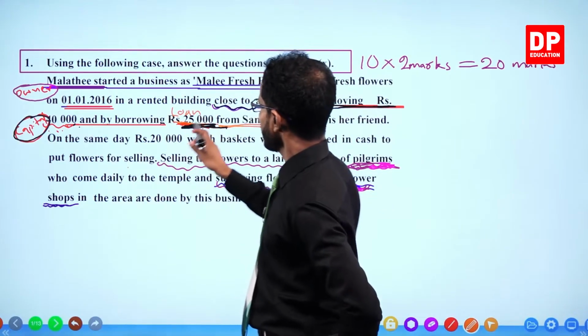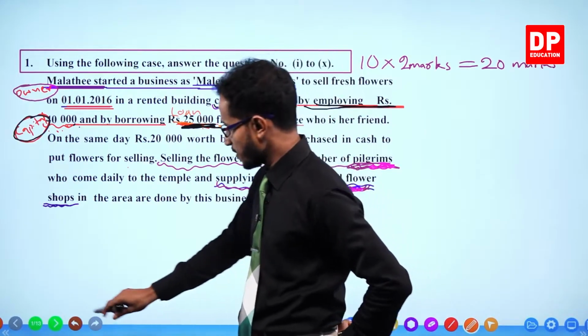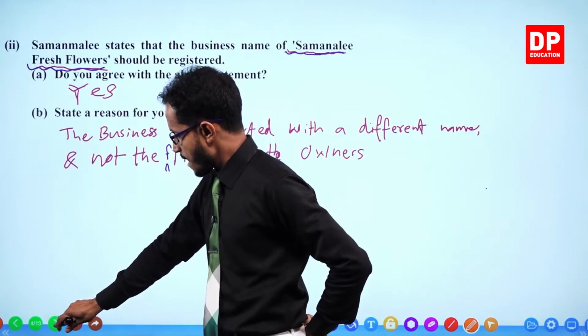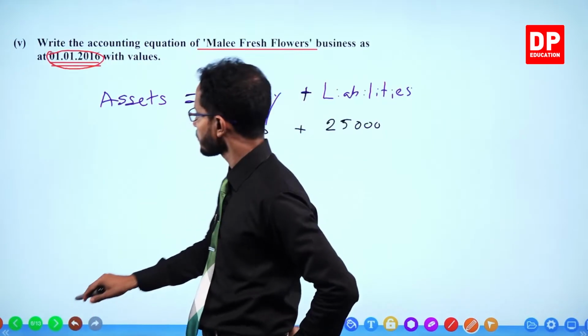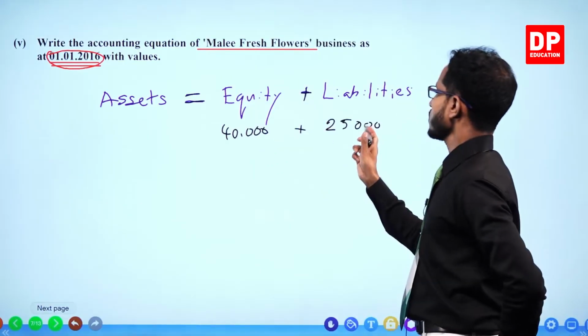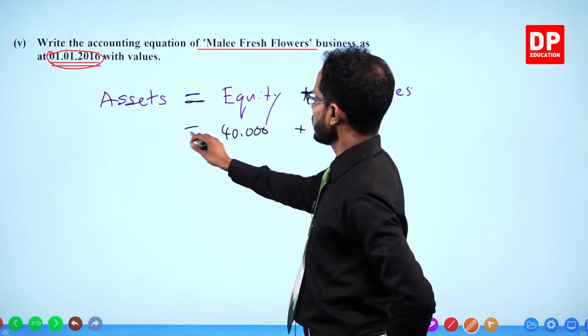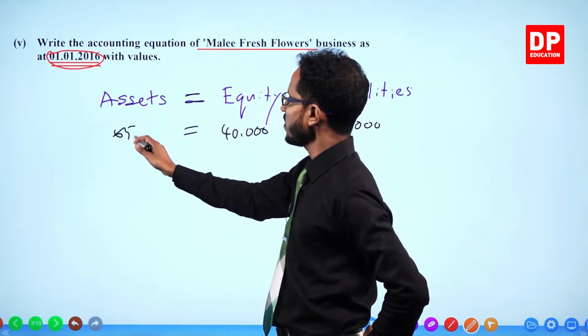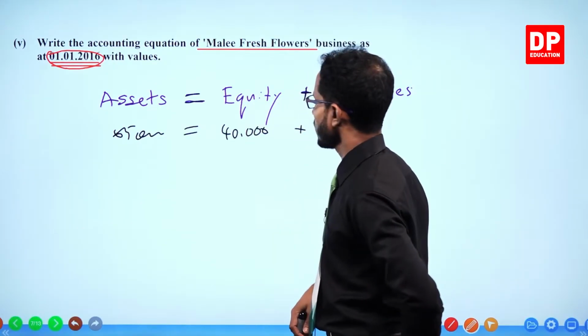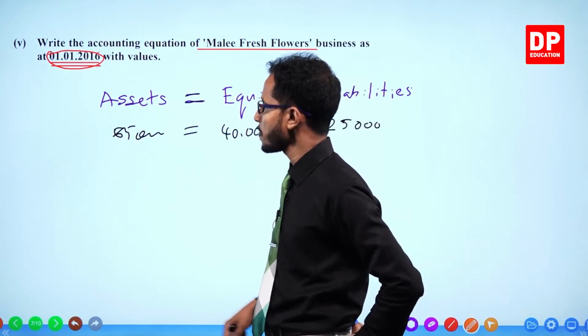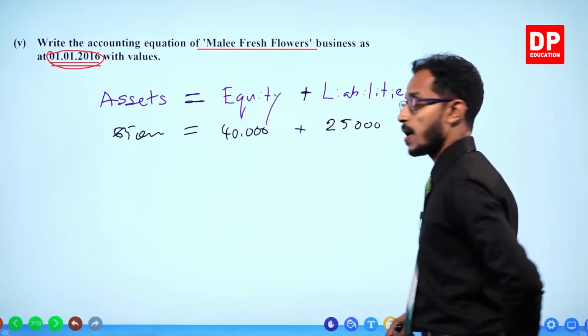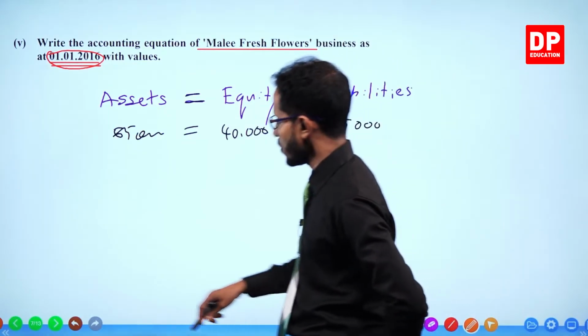So 40,000 plus 25,000, the assets are equal to 65,000. I have to mention that. Okay, going on.